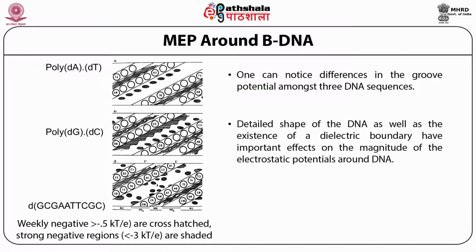The detailed shape of DNA as well as the existence of dielectric boundaries have been found to be important in affecting the groove potential in the case of DNA. You can see clearly that the central top picture and the bottom picture show difference in the groove potential.